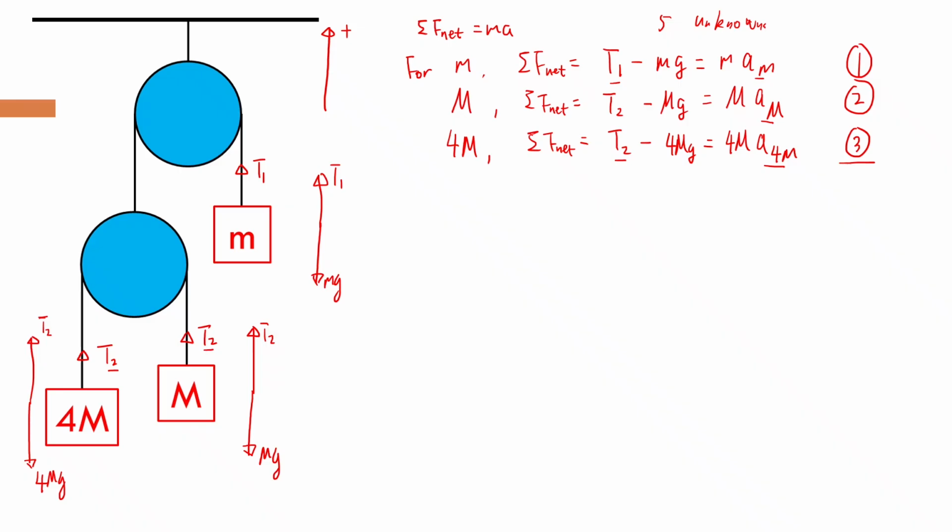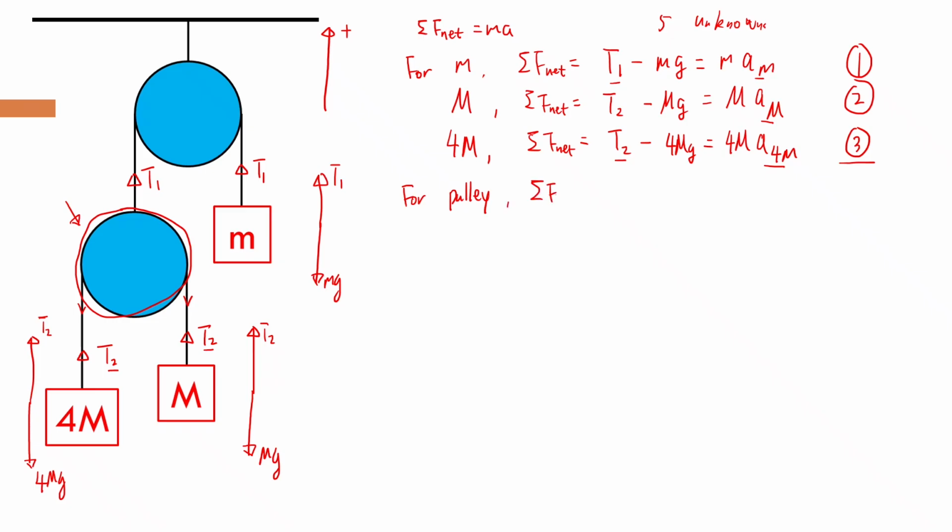If I pay attention to this movable pulley, I notice something. For this movable pulley, I got tension T1 pulling it up, and I got tension T2 on both sides pulling it down. So for the movable pulley, I can write down its net external force.